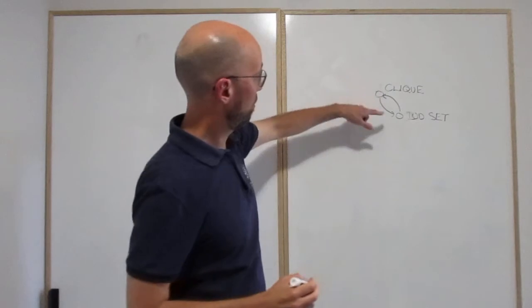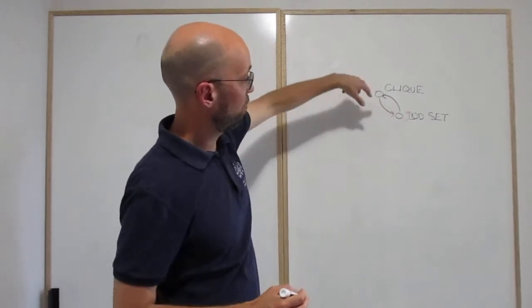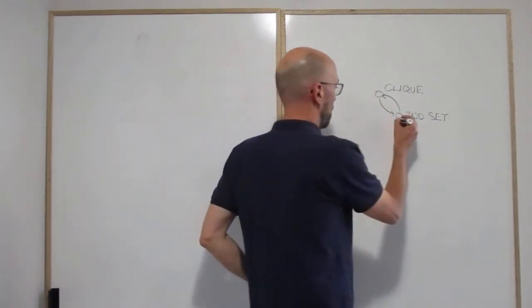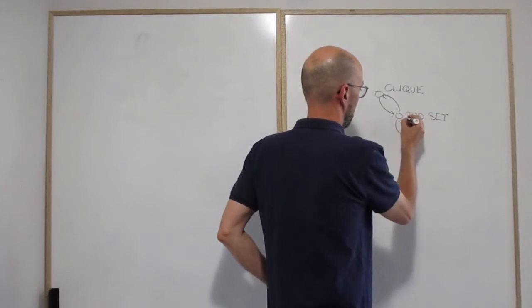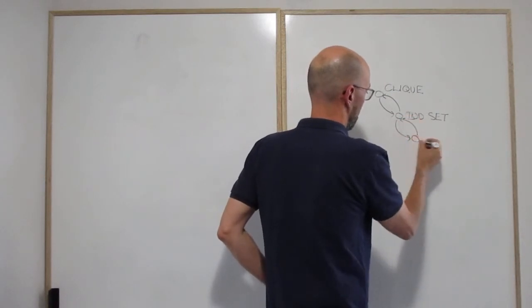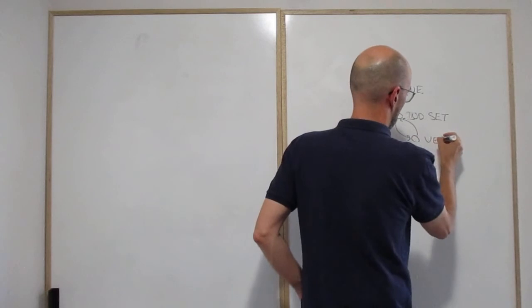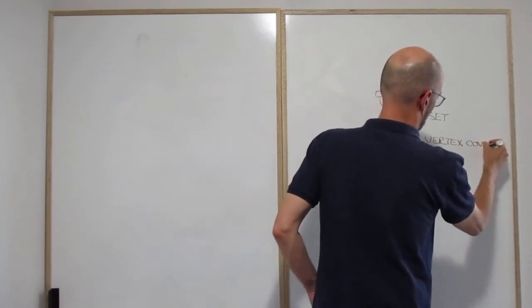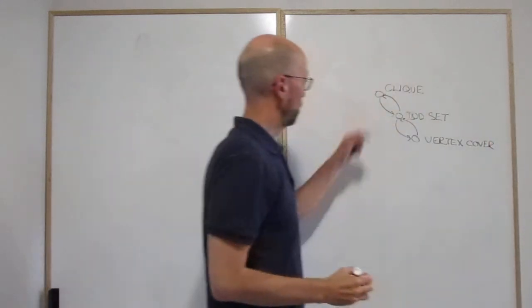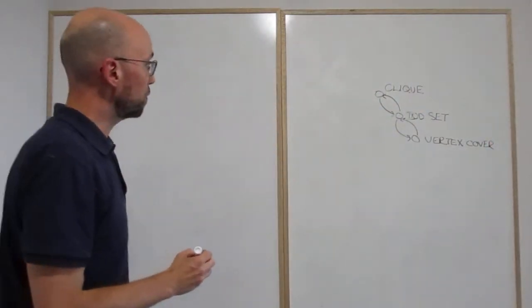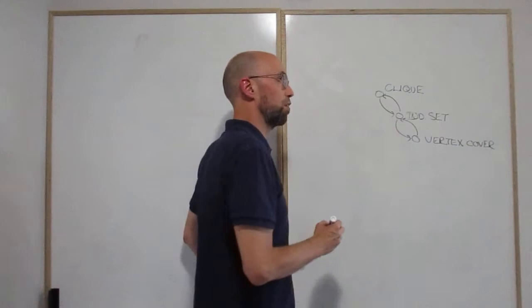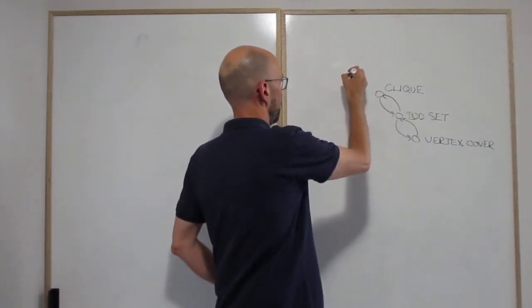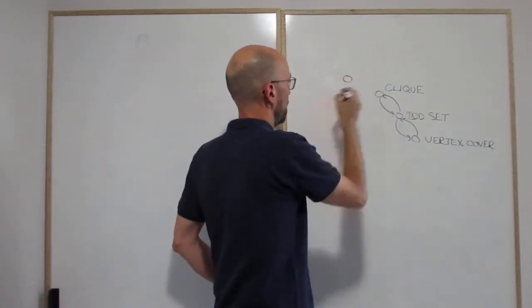So you can turn these two problems into each other. And then we saw that you can reduce independent set to vertex cover, and vice versa.